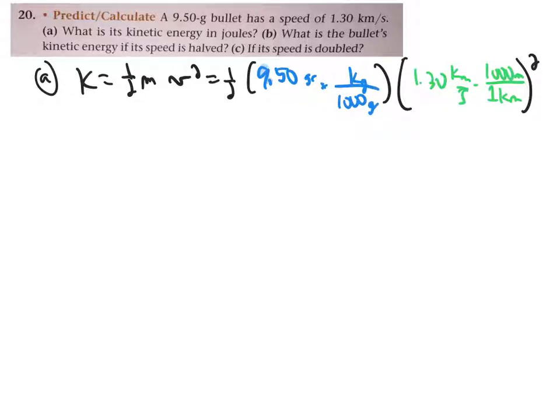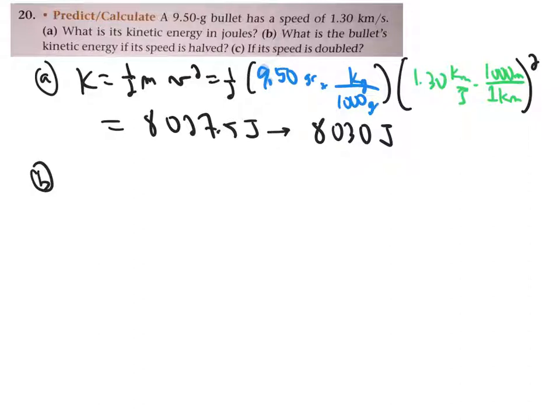So we just throw that into our calculators to get 8,027.5 joules. Based on the fact that we have three sig figs here and three sig figs here, I should end up with three sig figs, which is 8,030 joules.